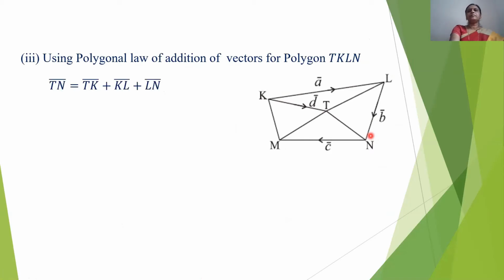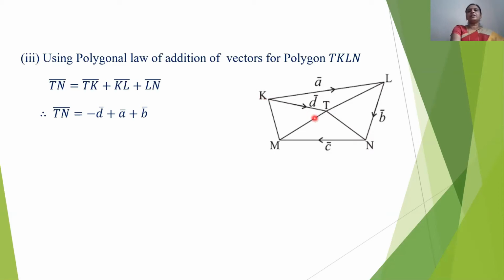Here this TN can be written as, see the diagram carefully, TK plus KL plus LN. Then keep the value of, see here, KT is D bar.